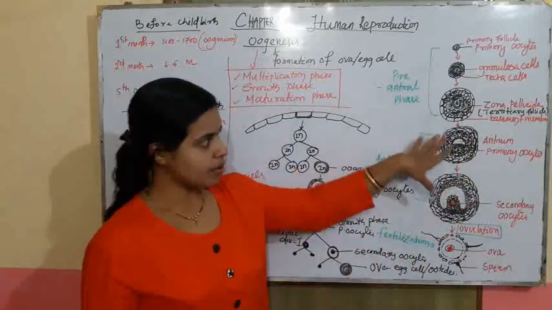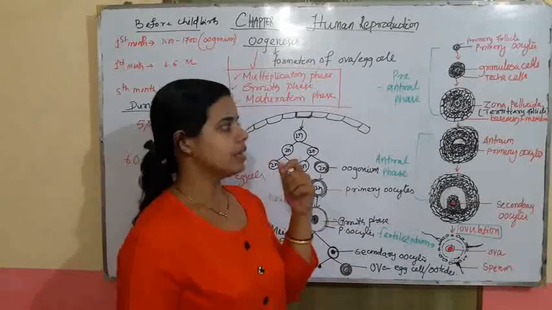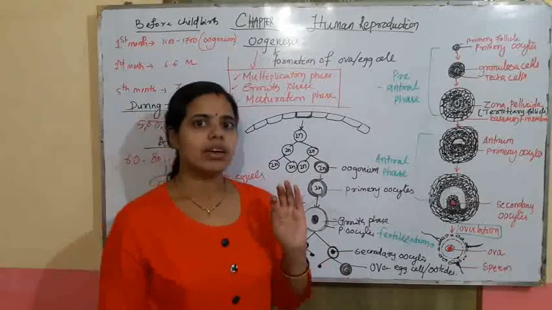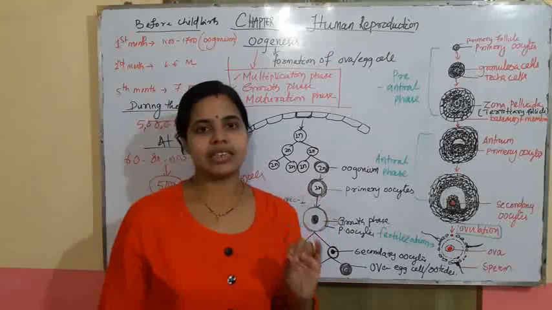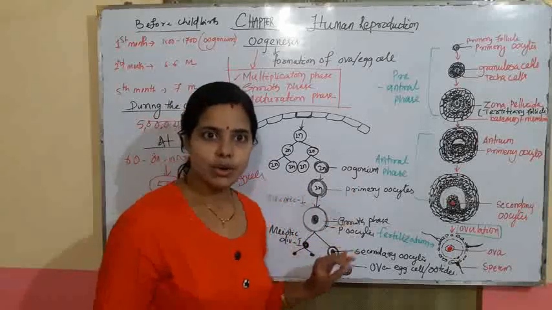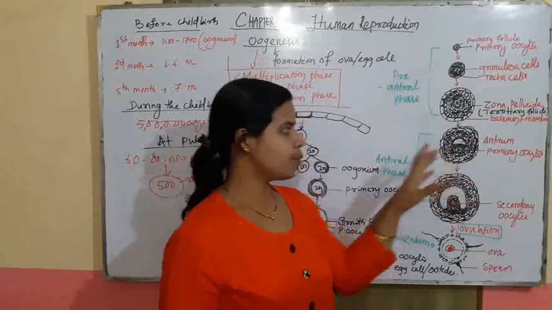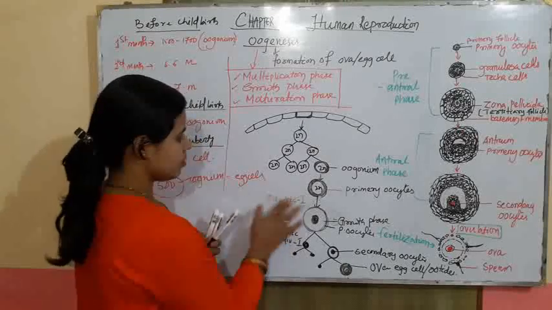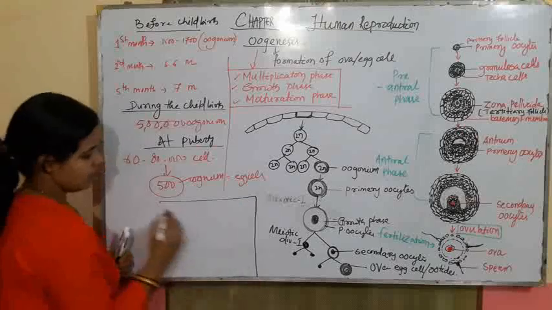So this is all about the growth phase. And in that case, what happened? The primary oocyte, when it reaches the growth phase, gets temporarily arrested. So that is the first resting phase, you can say, in the oogenesis process. In prophase 1, there are two resting phases in this process.